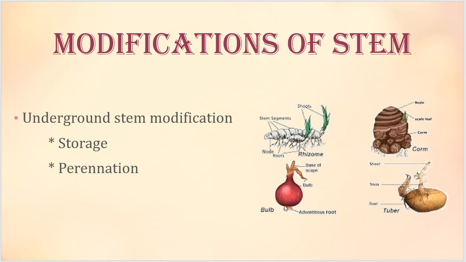Okay, and again, bulb is divided into two different kinds: tunicated bulb and scaly bulb. Tunicated bulb you can see in garlic, narcissus and onion. Tunica means a protective structure, a protective covering. So the bulb will have a protective covering outside. That is called a tunicated bulb. But what happens in garlic? It's different from onion, right?